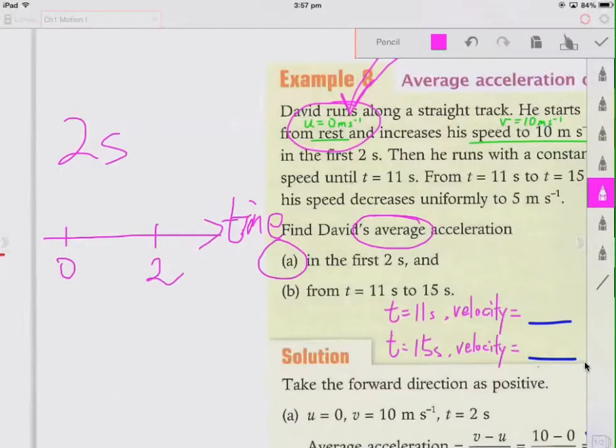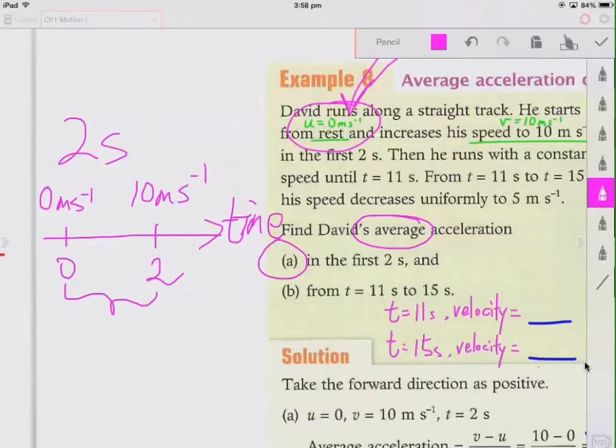What's happening is at 0 seconds, his speed is 0 meter per second. And at 2 seconds, he will have increased his speed to 10 meter per second.